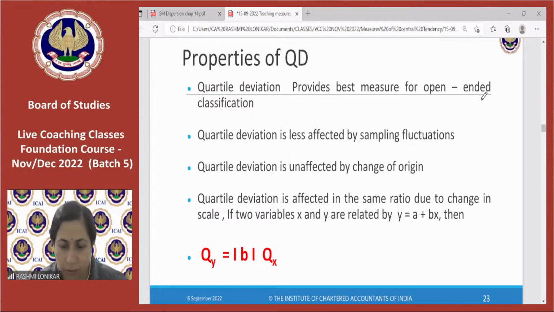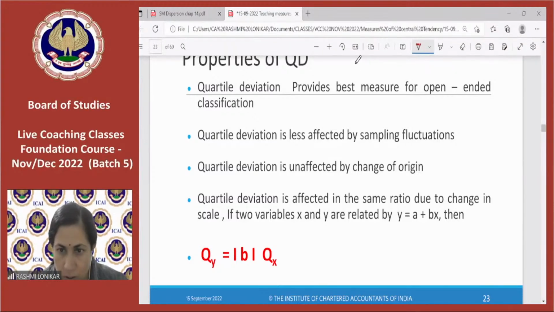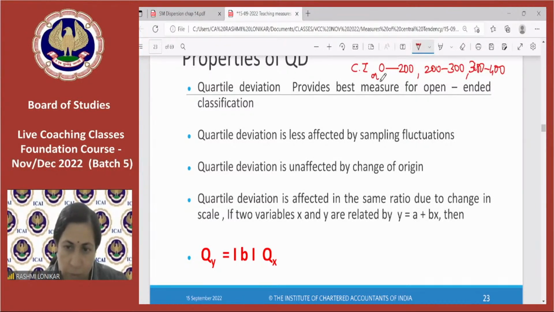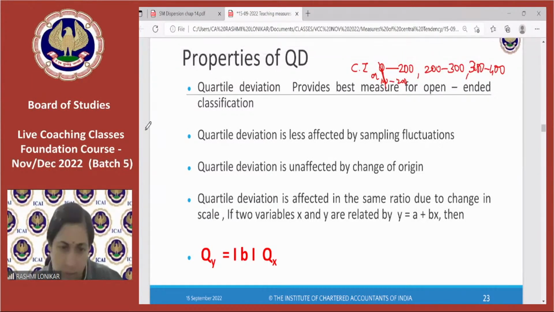Suppose we have a class interval that starts with dash to 200, then we have 200 to 300, and then 300 to 400. Here I don't know whether it is from 0 to 200 or from 100 to 200, as this information is not given. It is just saying dash 200. Then we say it is an open-ended classification.